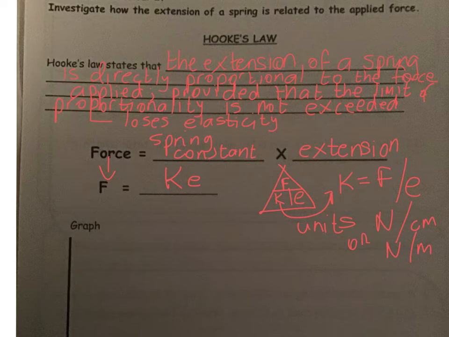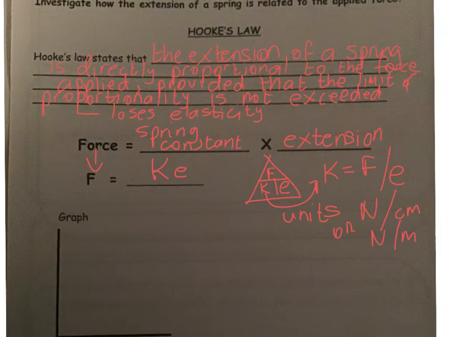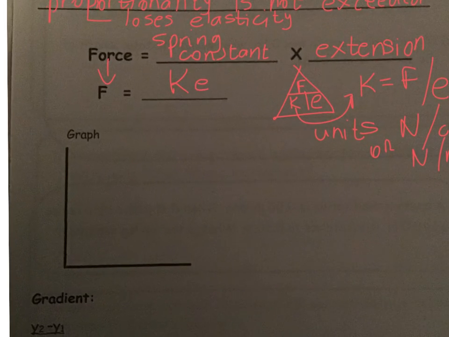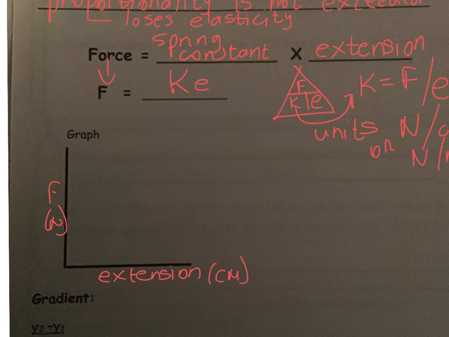The graph is always the same, no matter what practical you're doing. When you're doing the spring, it will always produce the same shape of graph, a straight line, because it's directly proportional. Let's draw a wee sketch: a force graph, with force in newtons against extension in centimetres.